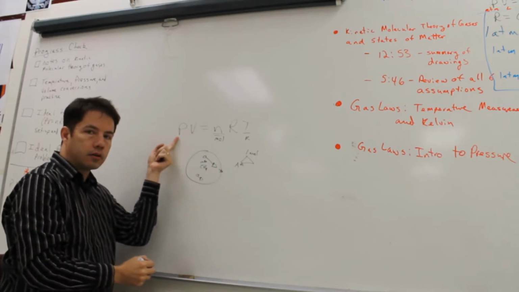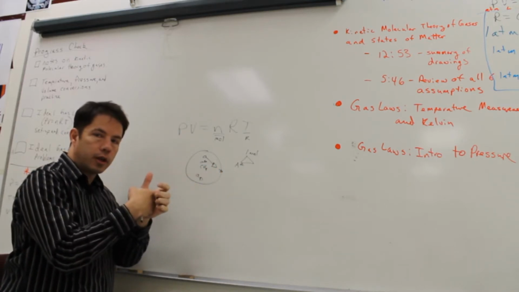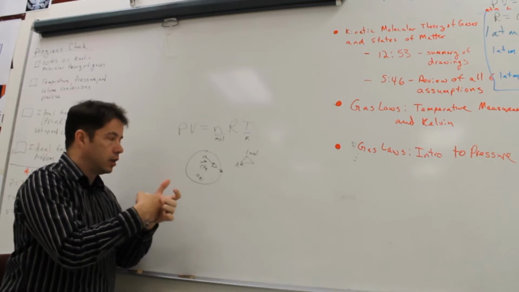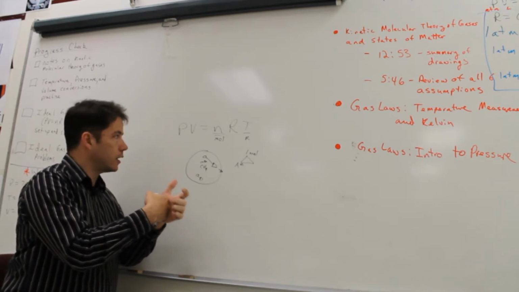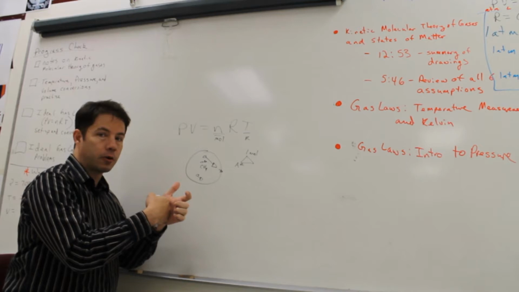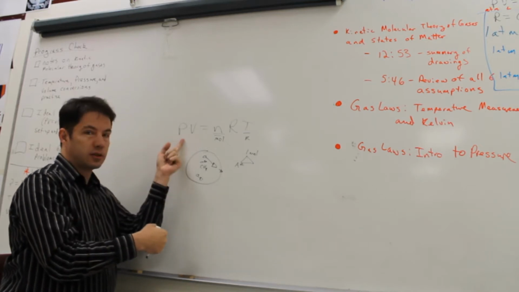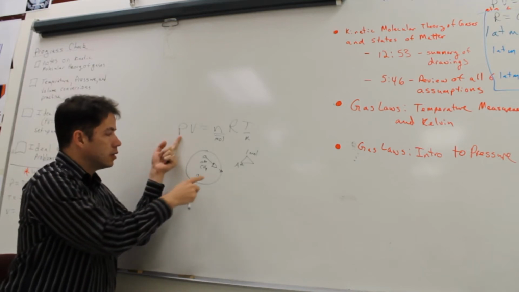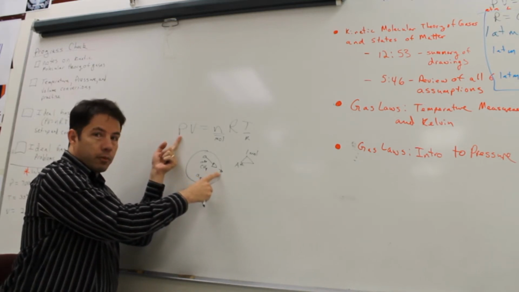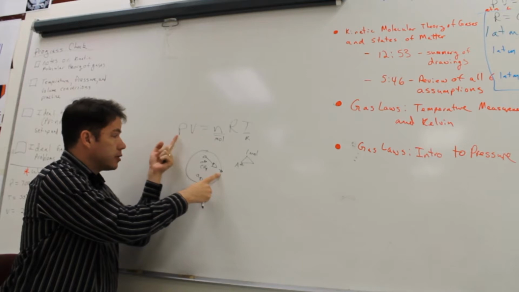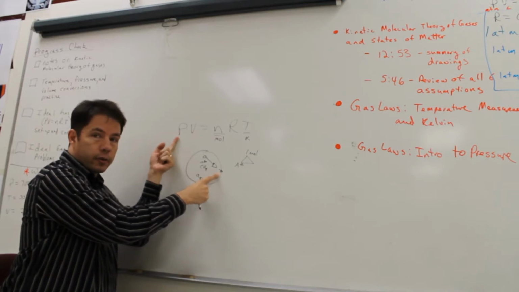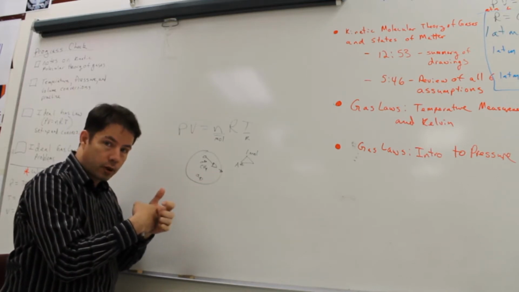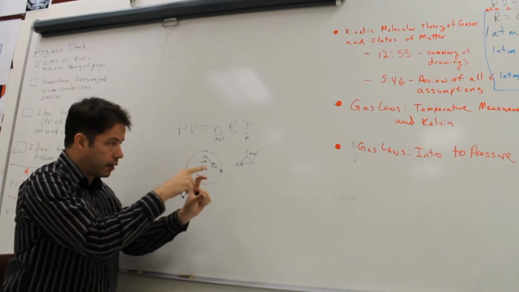Now, as these particles are bouncing around in here, they're going to collide or run into the walls of the container. As they do that, they're going to hit the walls of the container, and without going into a lot of detail on exactly how forces are defined in physics, because rate of change of momentum is the technical definition, okay? But that involves collision. So this particle collides with the surface, basically applies a force to the surface over the area of the wall.